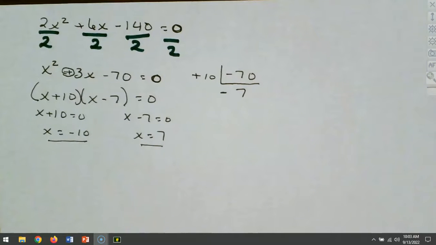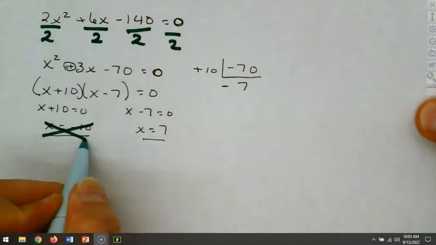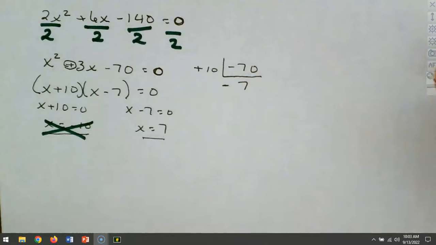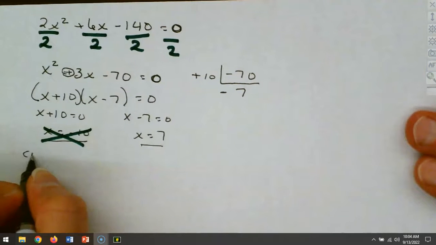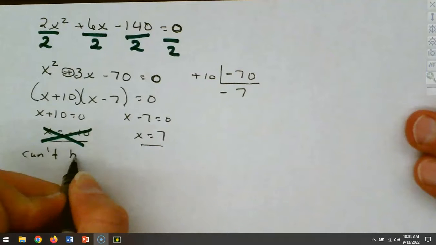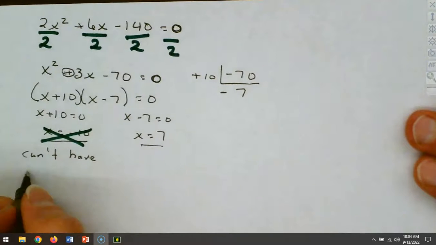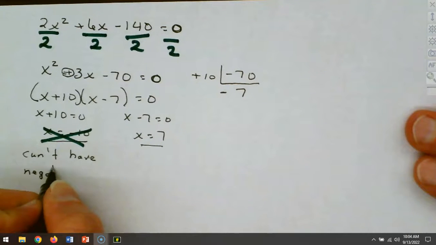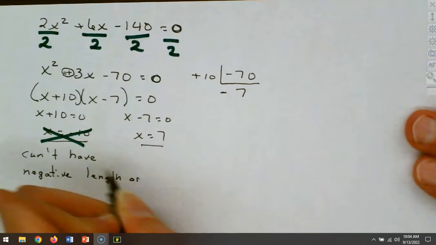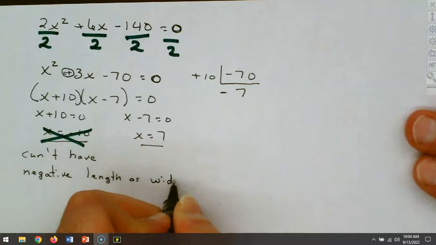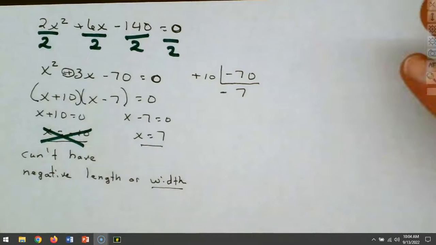Can you have a negative length or width on any figure? No. So this one is gone because it's negative, right? You can't have a negative length or width. So we can't have a negative length or width.